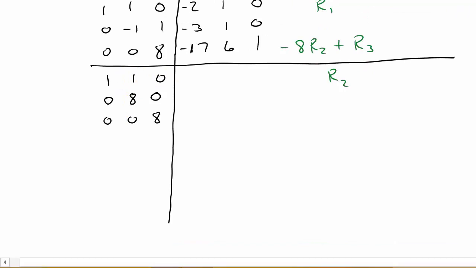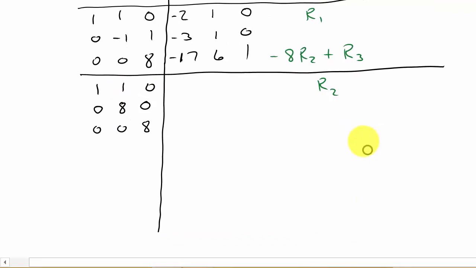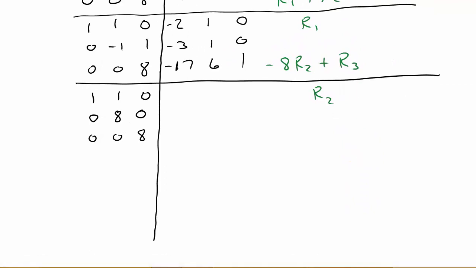Okay, so now let's perform the row operations on this. So I'm replacing row 2, so I'm going to write the other two rows down. So that's going to be negative 2, 1, 0, negative 17, 6, and 1.